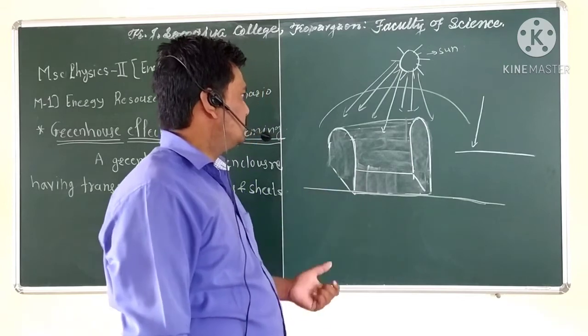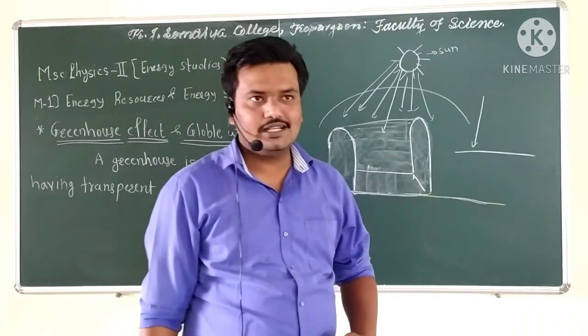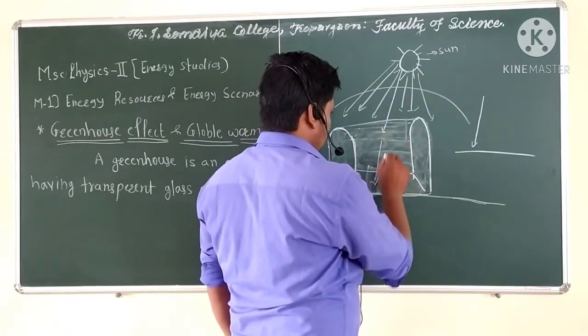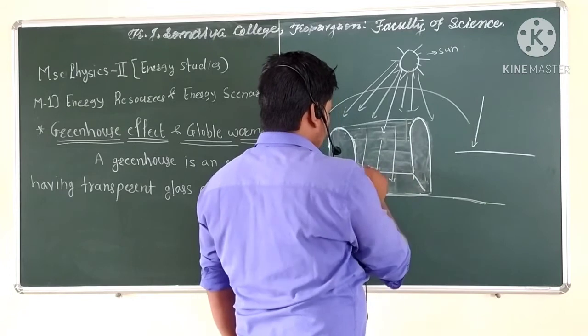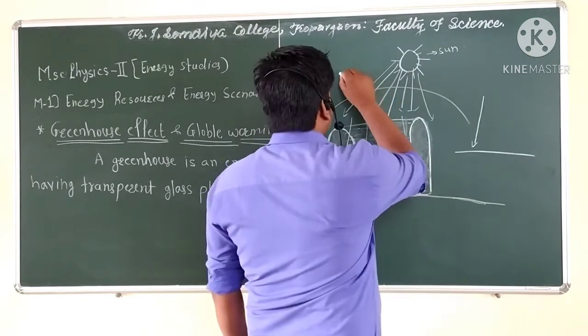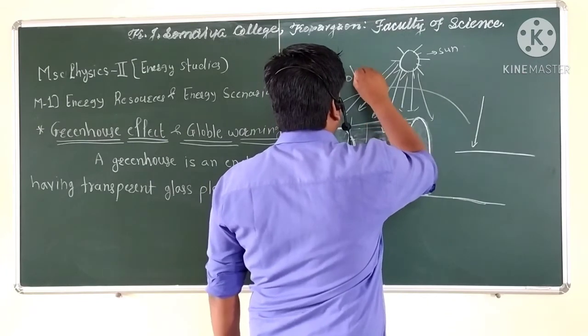Solar radiation in the form of sunlight is incident on this greenhouse and is absorbed by the earth's surface. This is known as solar radiation.